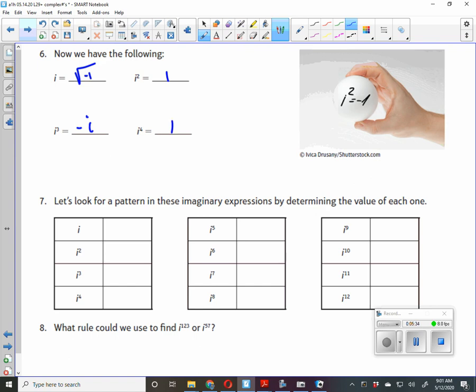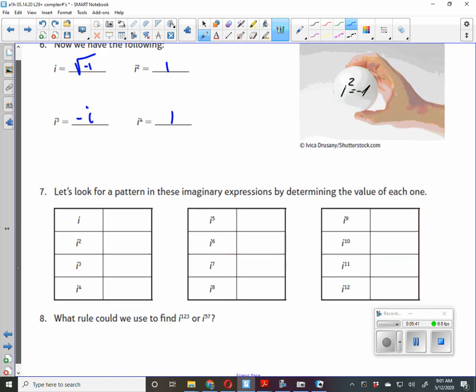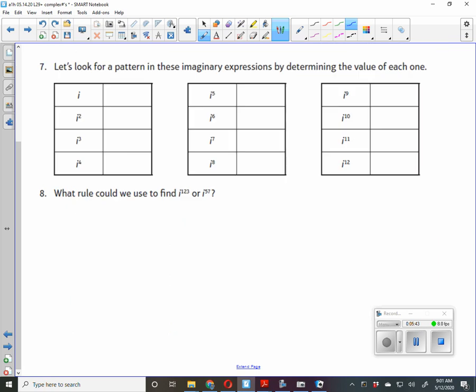Now, interestingly enough, we can play around with all these, and we can keep going all we want. This is something you probably should try to understand. As we go through, I'll fill this in quickly. The first four we had already done before.